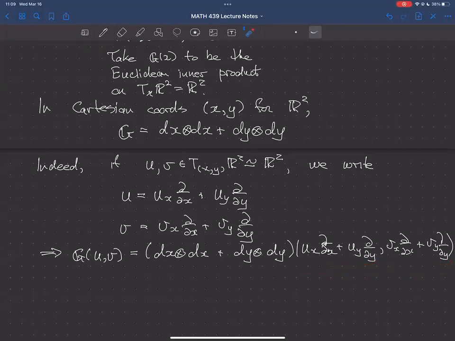Now we just calculate that using the rules of how this notation for bilinear maps works. First of all, everything is linear with respect to scalar multiplication and vector addition, so that means I can distribute all of these sums over one another.